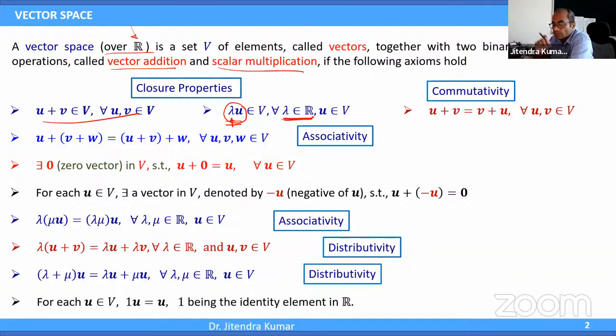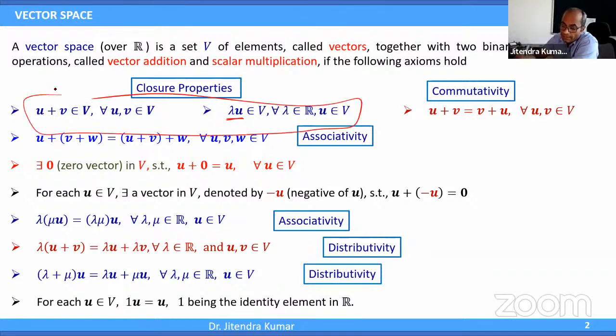This should belong to this special set itself for all values of lambda from R and for all u from V. So the product lambda times u should also be in this special set. These two properties are very important, and there are many more which I will not go through in detail. You can go through the lectures again.